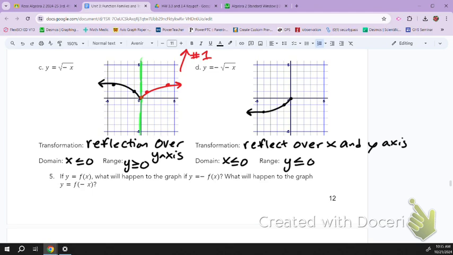If I were to graph the parent function here, you would see this went over the y-axis and then over the x-axis, or you could say the other way too. Okay, we're always starting from our parent function. Other questions? Good questions.